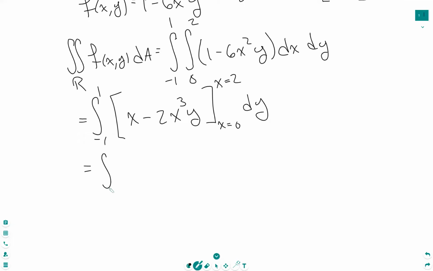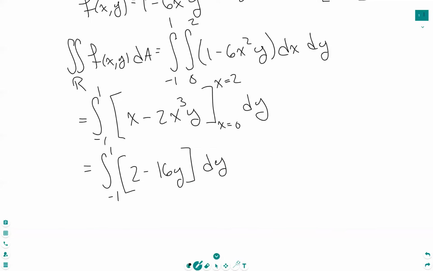So this is still the integral from negative 1 to 1, but I'm going to go ahead and plug in our bounds here. So we plug in 2. We get 2 minus 16y, and then we subtract when we plug in 0, but that ends up just giving us 0. So this is all that remains, dy.